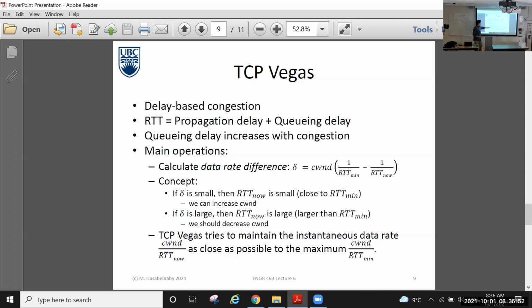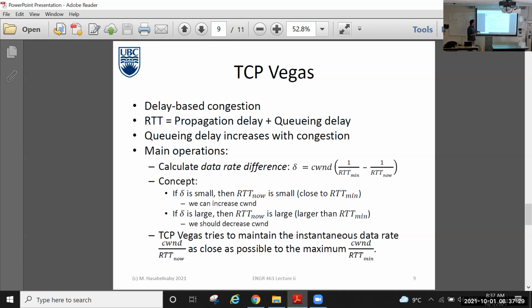But if the data rate difference is large, this means that we have a large delay, which means that our round trip time is more than the minimum round trip time. So based on this equation, comparing our current round trip time and the minimum round trip time in the idle case, we can determine if we have a delay or not.